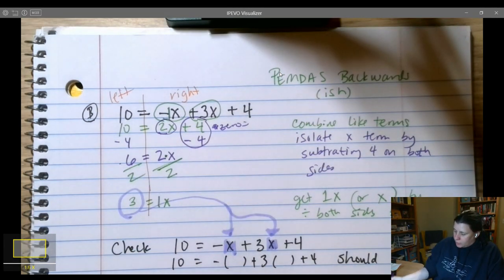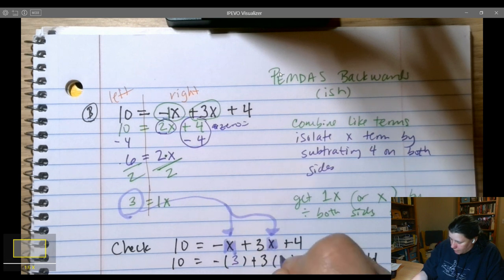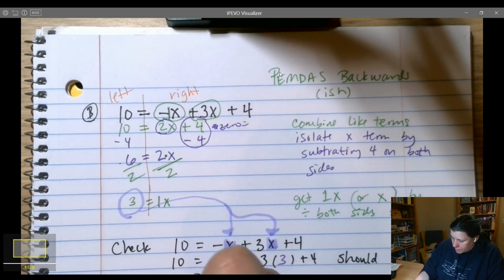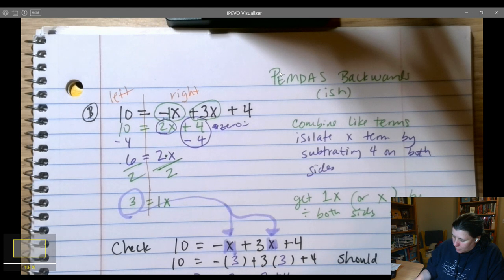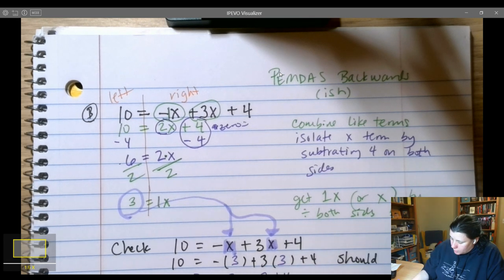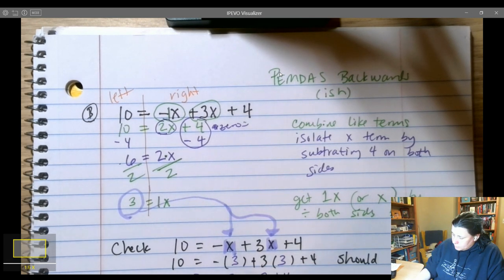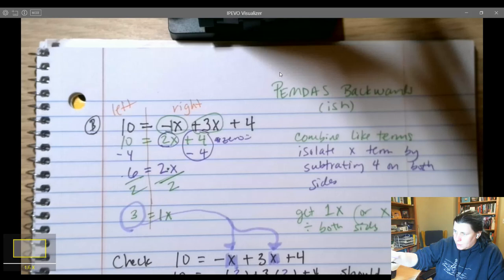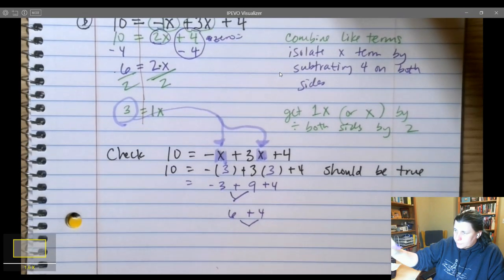What am I doing? It's 3. So 3, 3. That side's still 10. -3 plus 3 times 3 is 9. Plus 4. -3 plus 9. I'm going to go ahead and do this left to right. -3 plus 9 is 6. Plus 4. Ooh, you can't see it again. Sorry. So what did I do?